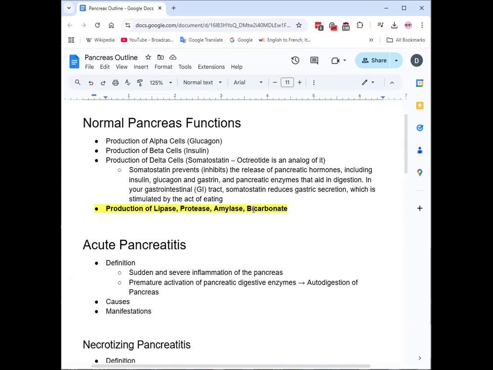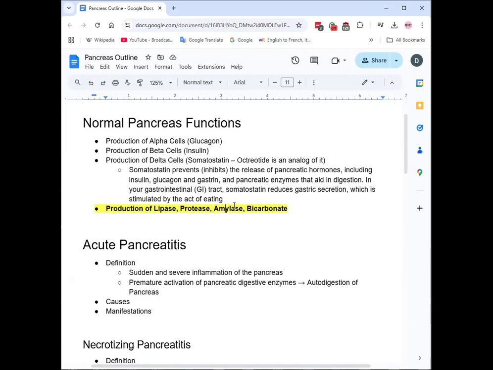It's also going to be a production center for bicarbonate, which helps to manage your acid-base balance. So this is where the bicarbonate is actually produced. Later on, when you go over kidneys, the kidneys are also involved with bicarbonate, not so much the production, but the management.